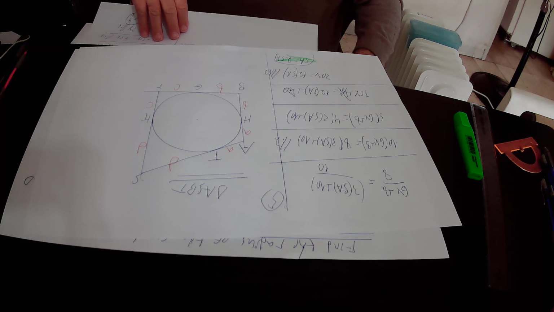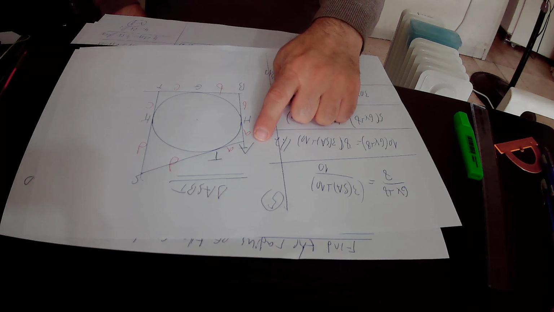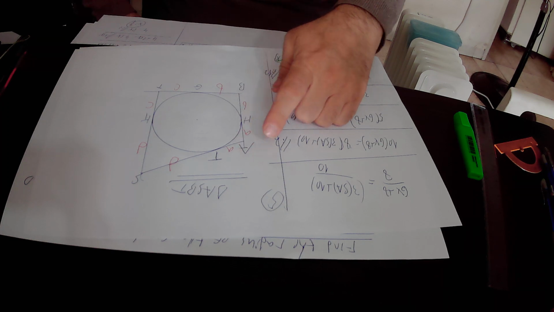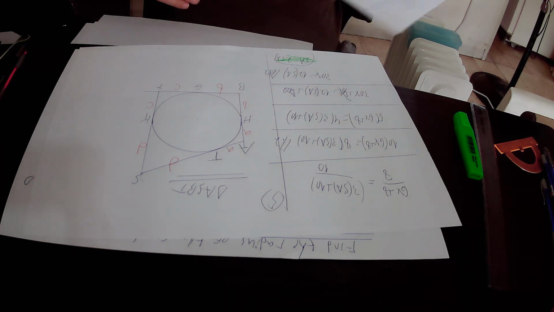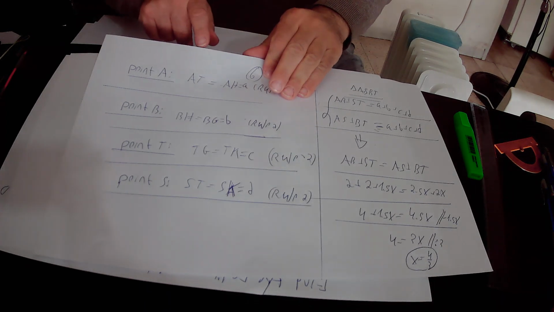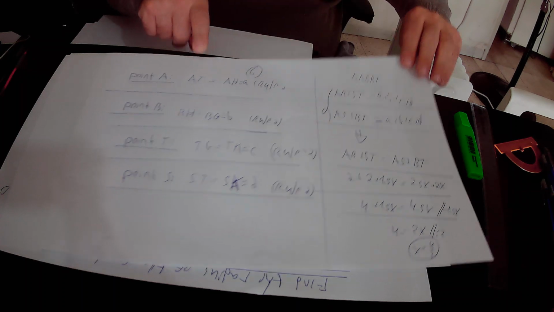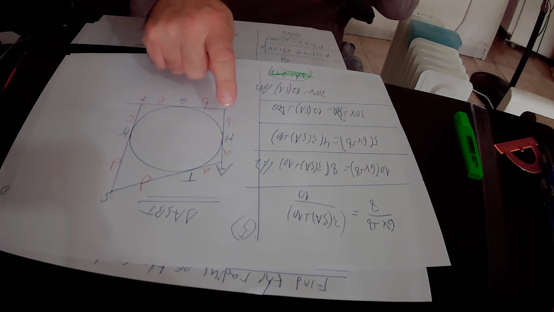According to rule 2, if we focus on the common standpoint A, we have two tangents to this circle, tangent AH and tangent AT. And according to rule 2, they are equal to each other. This is to say AT equals AH. So if we define one side as a, then the other side must also be equal to a because they are equal to each other.